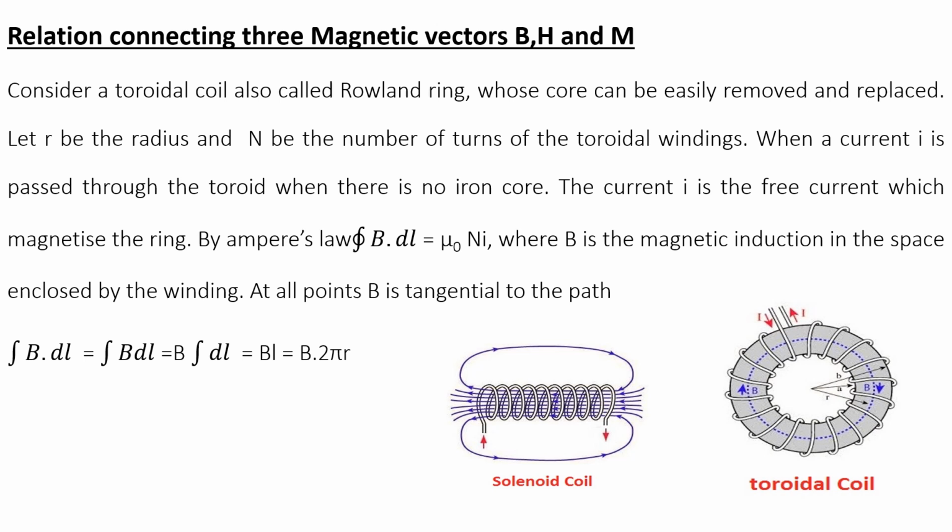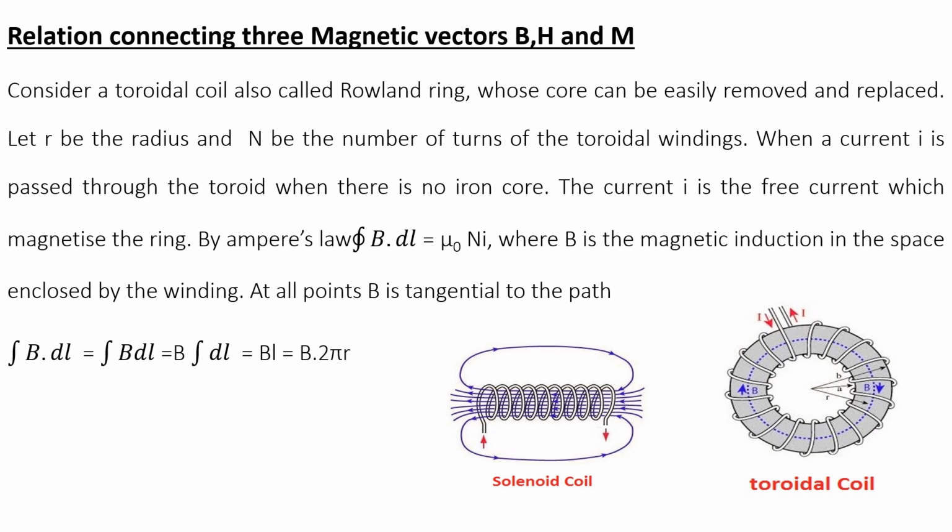According to Ampere's law, the closed line integral of B dot dl is equal to mu 0 times the current flowing through the coil, that is mu 0 N I, where B is the magnetic induction vector. At all points B is tangential to the path, and B and dl are parallel.